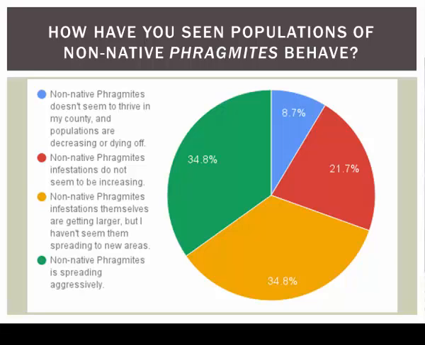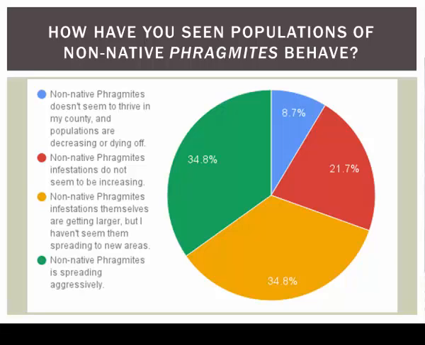Then we asked about behavior, and we said, have you seen how populations of non-native Phragmites behave? The lowest one said, we do not seem to have Phragmites, or it's not thriving in my area. 21% say that non-native Phragmites do not seem to be increasing, so that was interesting.